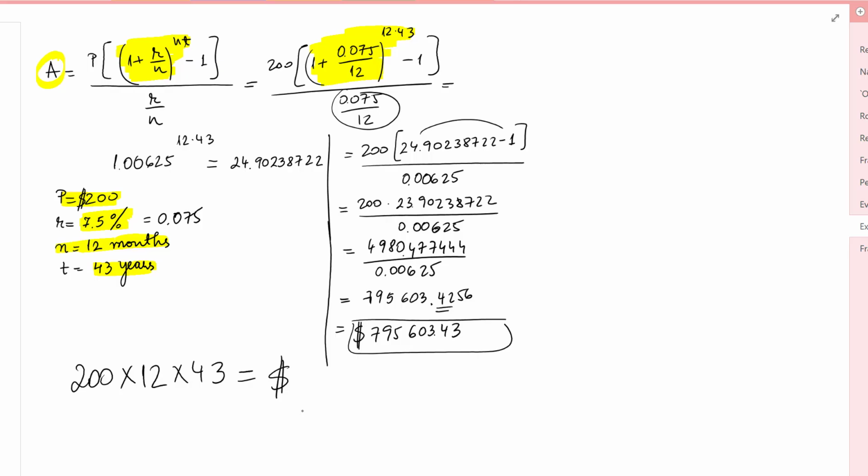So over 43 years, you are actually putting in the account out of your pocket $103,200. So in other words, do you see? If you subtract these two values, you're actually finding the interest that you earned on putting that money.